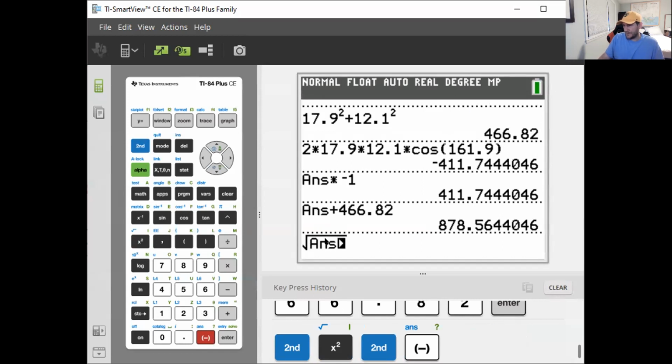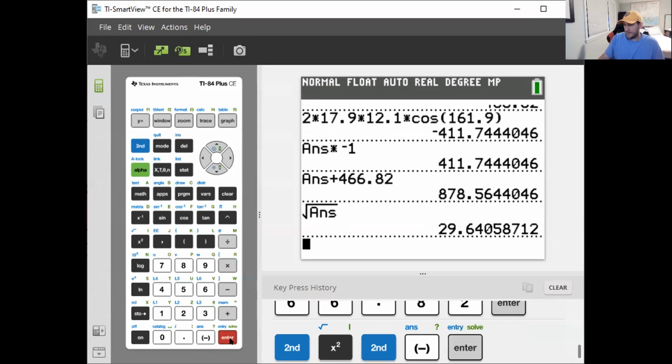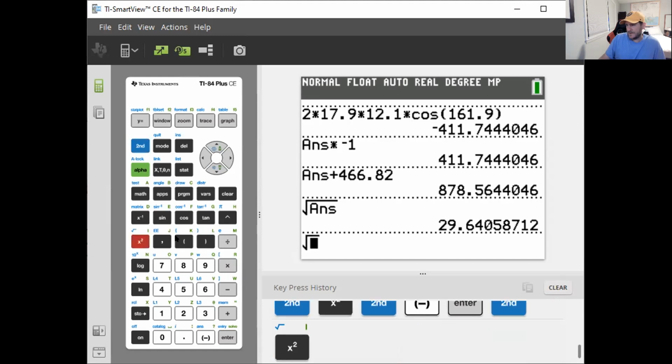So you're getting a much more precise answer when you do this. So make sure you do that. 29.641 is going to be the answer. I'm writing that down. You can't see me doing it, but I am doing it. 29.641.